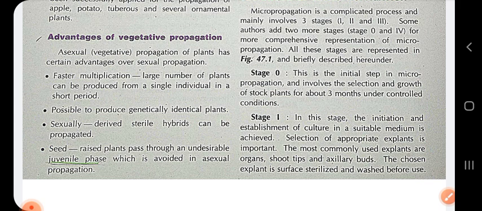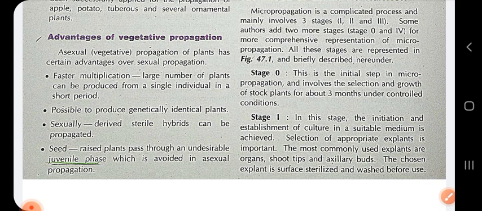For this they have to grow for a certain period of time, they have to mature their reproductive part of the plant, then only they are able to do pollination. So that phase where the plants are preparing, attaining a certain stage of growth and maturity before they can reproduce, is called the juvenile phase.